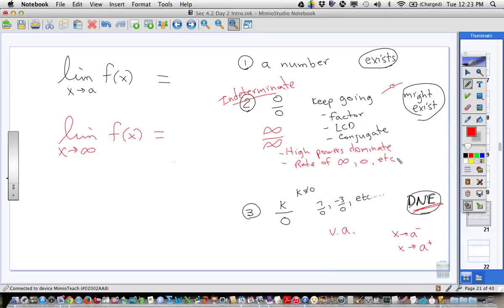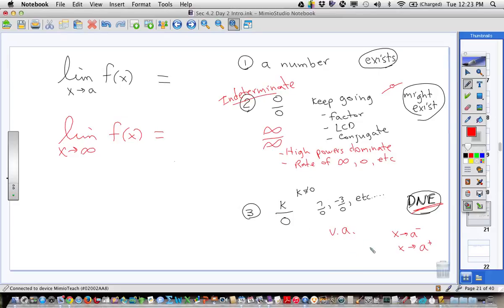If you have infinity over infinity, what you really have is a number getting big on top and a number getting big on the bottom. What really matters is which is getting big faster. Or if you have 0 over 0, you have a number getting small over a number getting small. What matters is which one's getting small faster. That's what determines what the limit's going to be. So these are the things that we have to deal with in this situation.